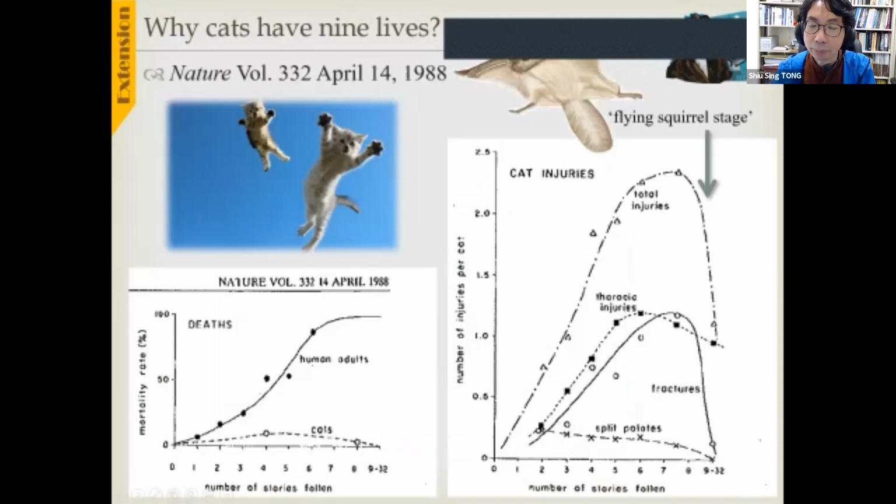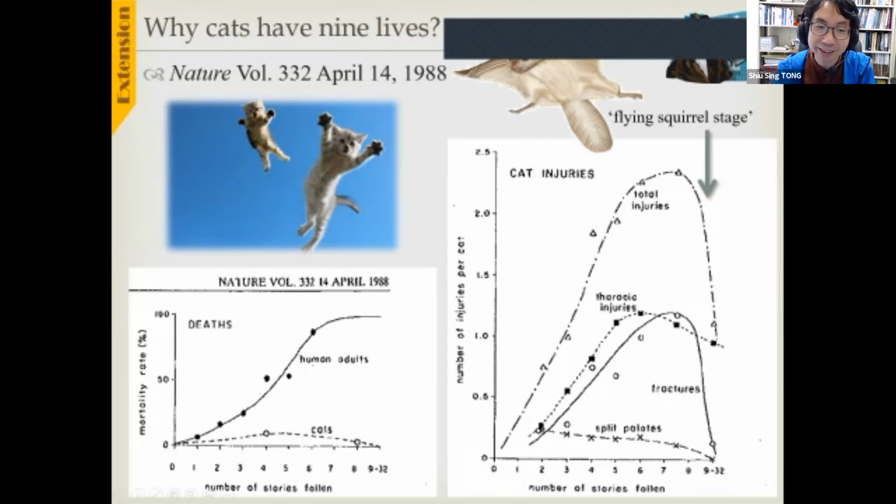Now, the trick that's played with the cats is like this. If you take a look at the falling heights, if a human body falls from a height of about 6 or 7 stories high, then the mortality rate, the chance of dying, is almost 100%.